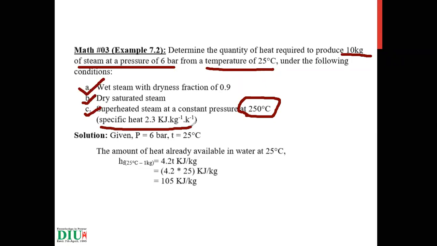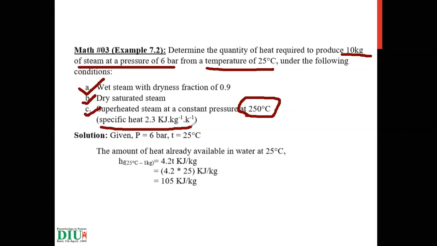So we'll go one by one. First wet steam, then dry steam, and finally the superheated steam. Remember one thing, in every steam you have to subtract the heat from 0 to 25 degrees Celsius.